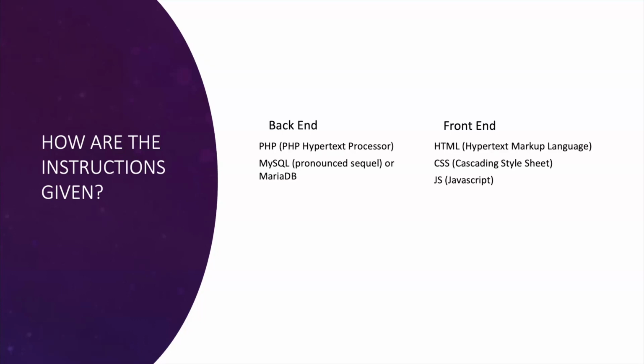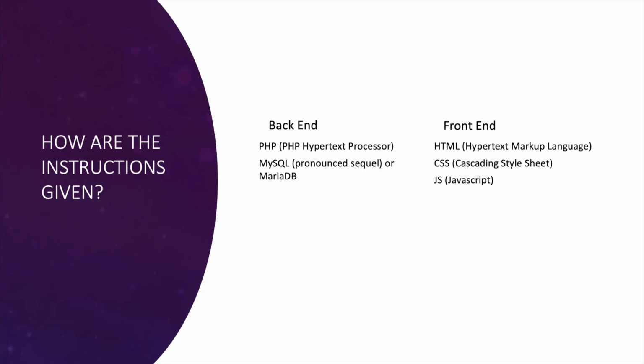Sometimes you'll hear people talk about the back end of a website and the front end of a website. All of the files, regardless of what language they are in, live on the server. But the computer that processes them might be the one on the back end. When we talk about front end, that means in your browser or on the computer that you're using to access.